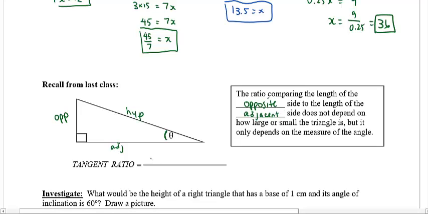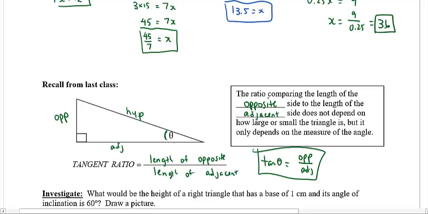So the tangent ratio was equal to the length of the opposite divided by the length of the adjacent, or opposite over adjacent equals tangent theta.